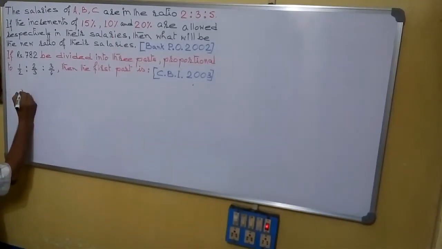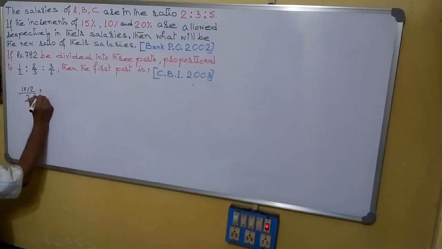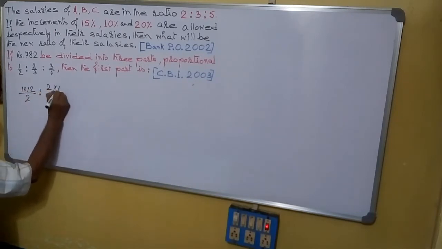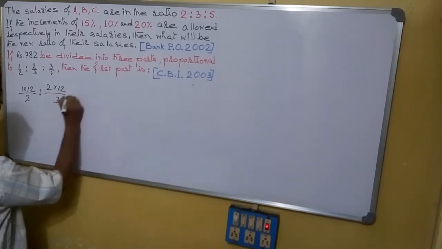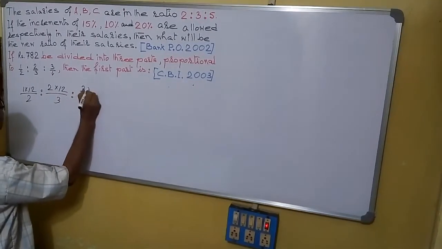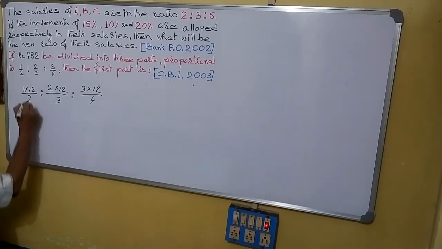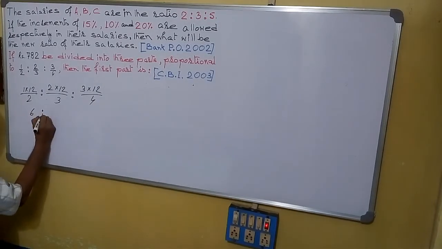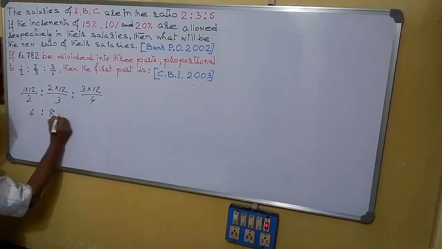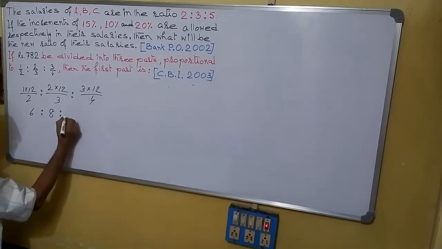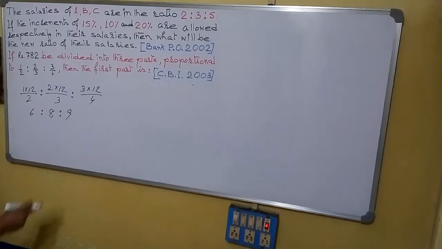So we write 1 into 12 by 2 is to 2 into 12 by 3 is to 3 into 12 by 4. That is 6 is to 8 is to 9 in this ratio.